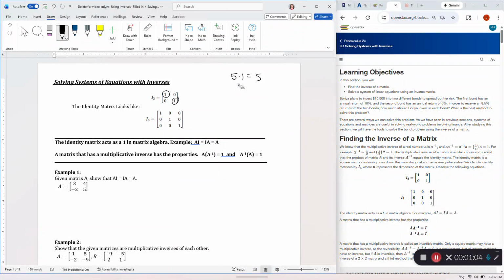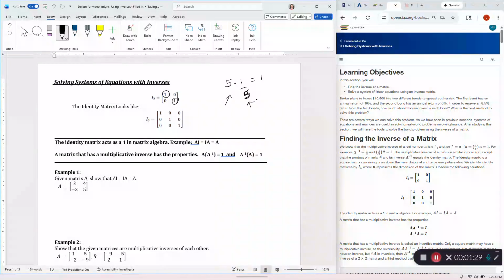Another thing that you may have learned in elementary school is that if you multiply a number by its multiplicative inverse, that means you multiply it by something, and the result is 1. So 5 and 1/5 are multiplicative inverses of each other because the answer is the identity.